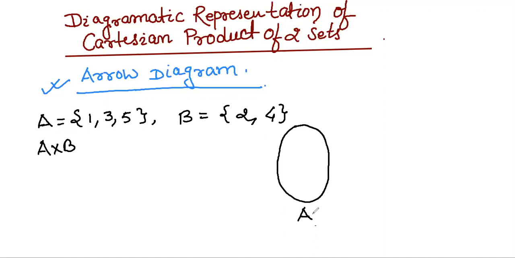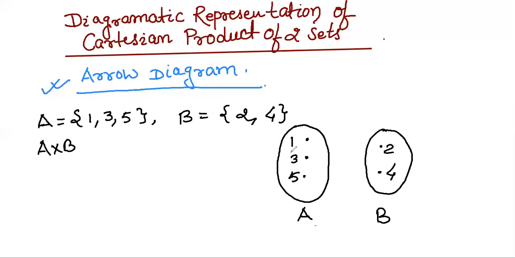This is A, then the second set is B, and then we represent 1, 3 and 5 as the elements of A. Then we represent the elements of B, 2 and 4. Then one by one we have to show arrows.